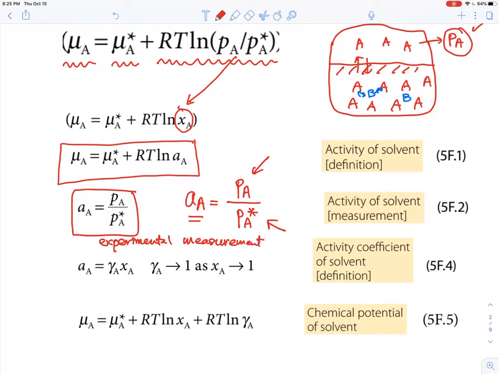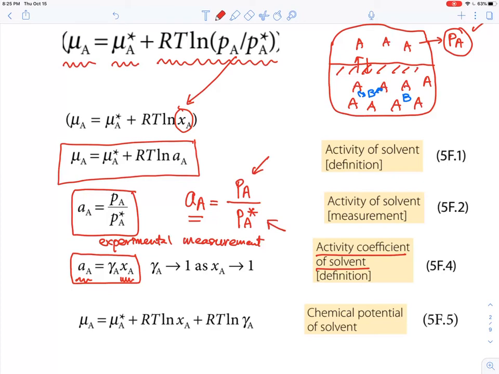Okay, the activity a_A is also related to gamma times XA, the mole fraction. There is some constant in between, so gamma and the mole fraction give the activity. That's the activity coefficient of the solvent, defined as shown up here.